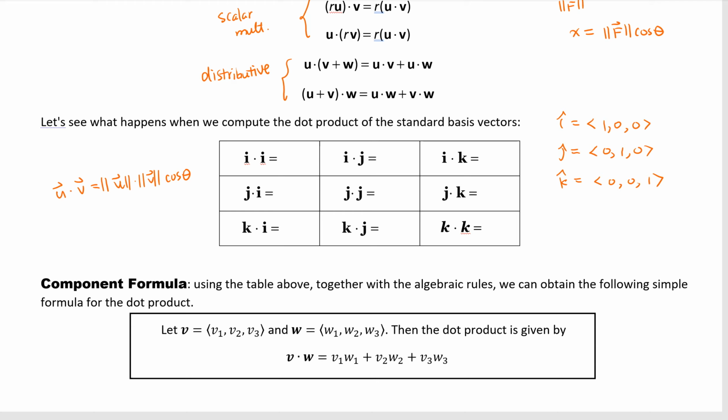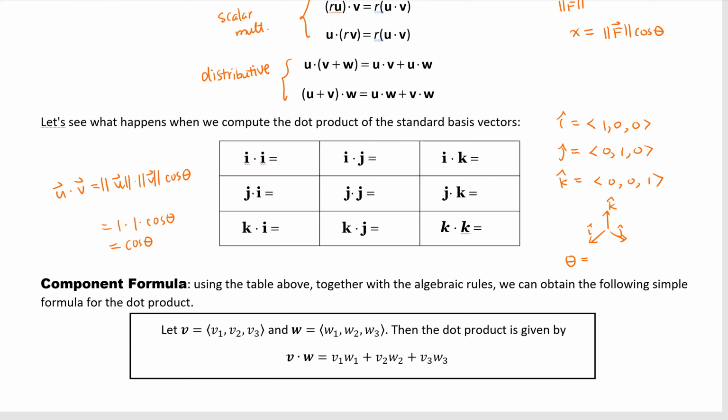Because the magnitudes of i, j, k are all 1, when we take the dot product, it's just going to be the cosine of the angle between them. Do you remember these letters in R3? This is i, this is j, this is k. They are in the x direction, y direction, and z direction respectively. What are the angles between them?